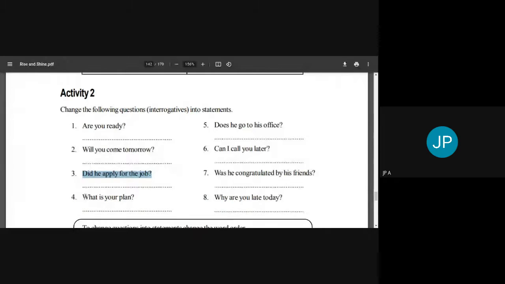Next one is slightly more difficult, because you have to introduce a new word. You cannot make it a statement using is alone; you have to introduce a new word.